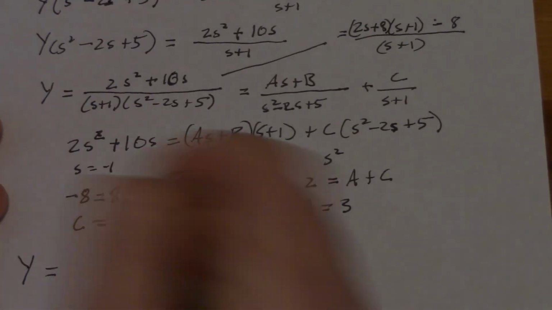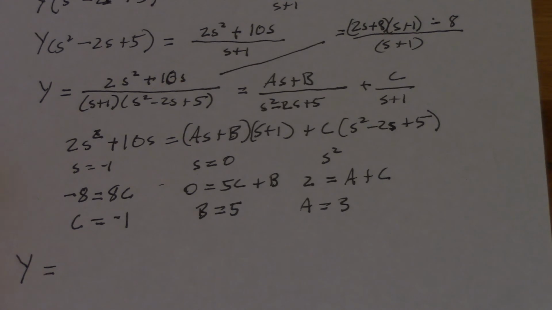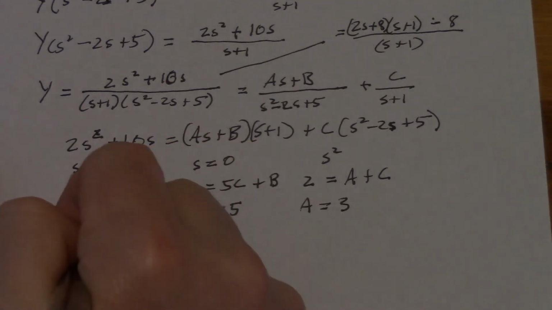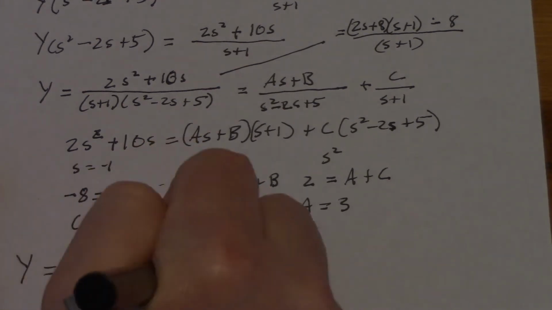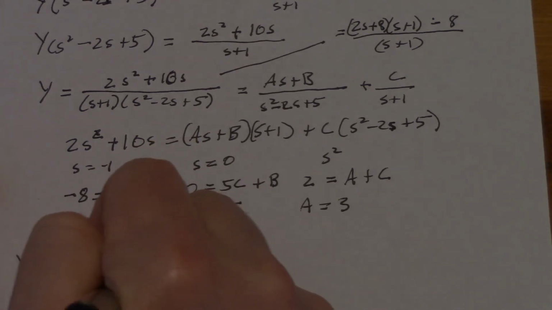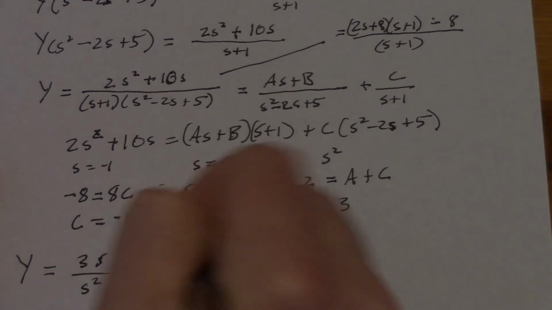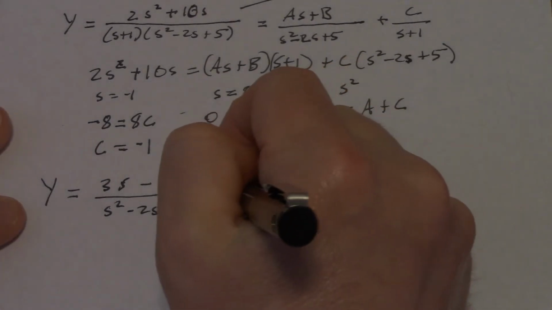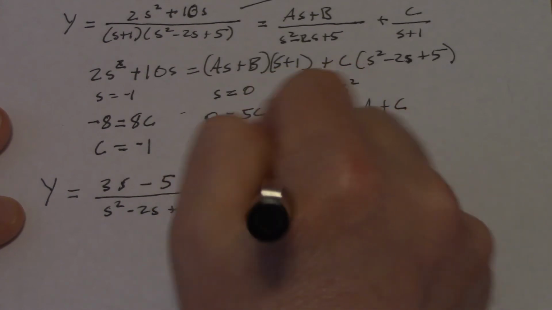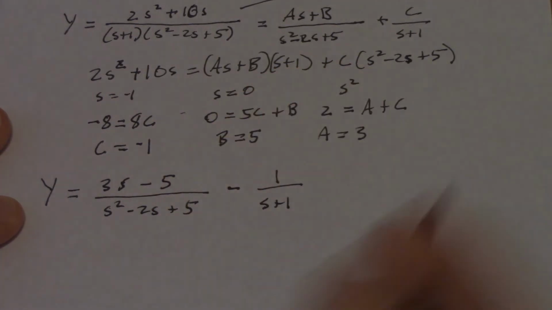Alright, so let's rewrite this guy in terms of its decomposition that we just figured out. So we've got 3s minus 5 over s squared minus 2s plus 5 minus 1 over s plus 1.